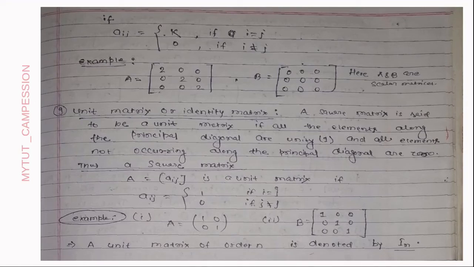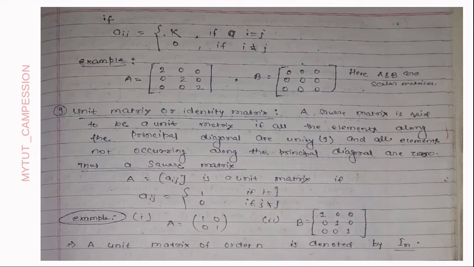This simply means a diagonal matrix whose principal diagonal elements are 1, or a square matrix whose principal diagonal elements are 1.